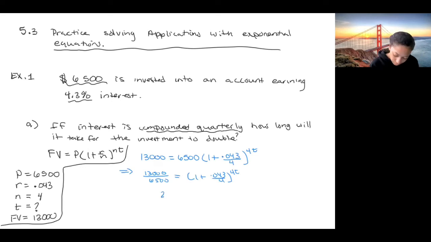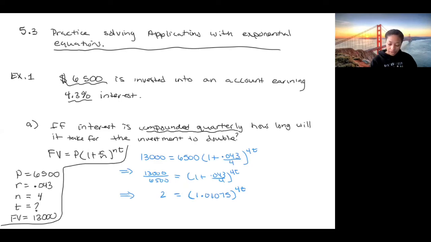We're doubling. And then inside of the parentheses here, 1 plus 0.043 over 4 simplifies to 1.01075. And then we have that to the 4t power. So the problem actually simplifies quite nicely.